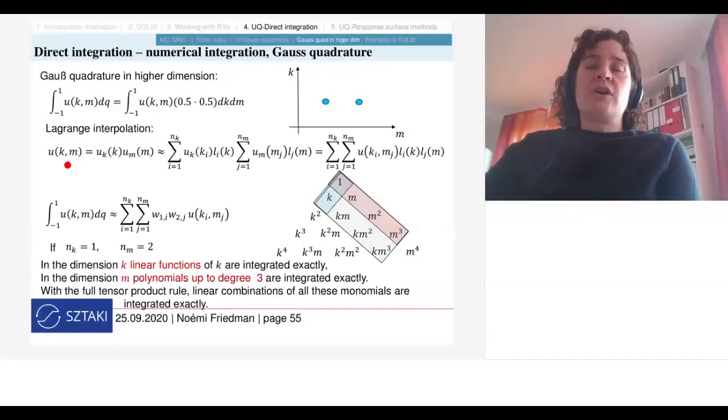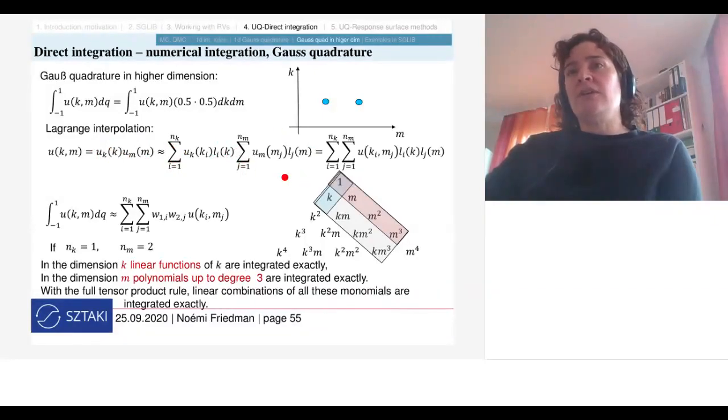I have the u function, and I can write it as a product of a function of k and a function of m. So I can separate these two variables with this product. And then for u, for this one-dimensional function, I can just write a linear combination with the Lagrangians the way I did, and I take the product with the other one.